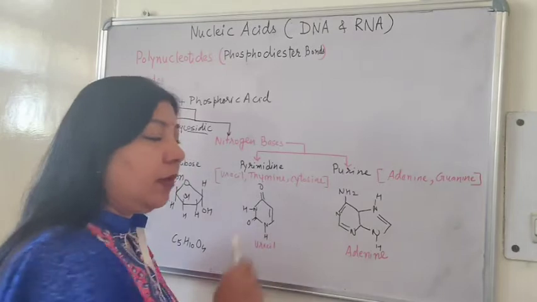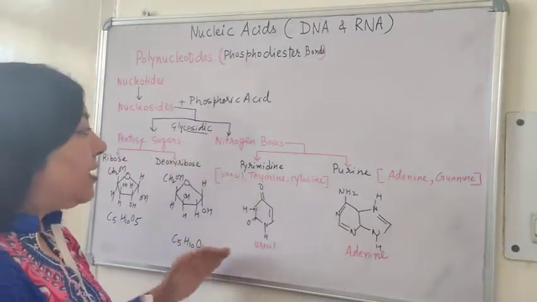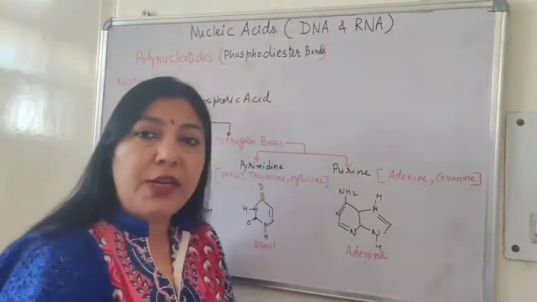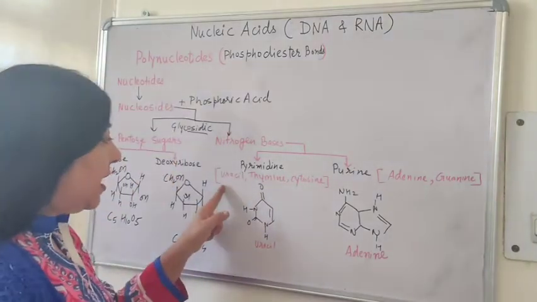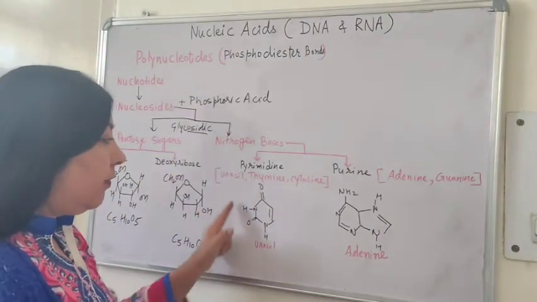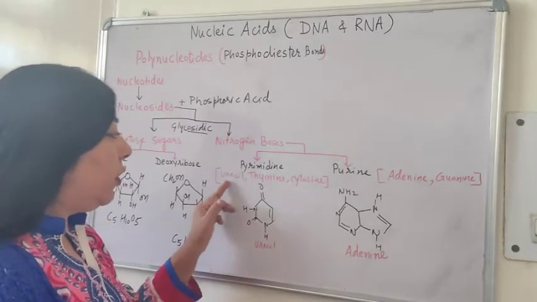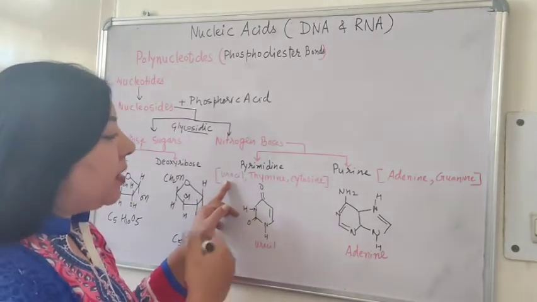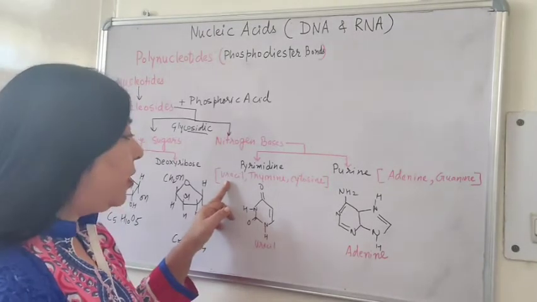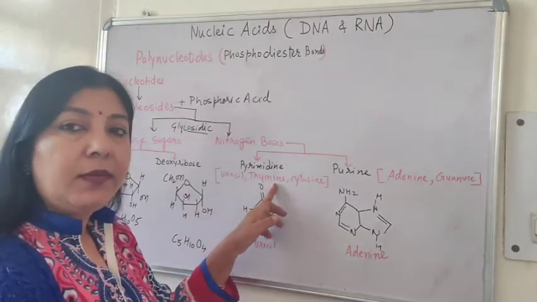Here also you can see. Okay. So the examples of pyrimidine, there are only 3 types of pyrimidine. Uracil. This is the structure of uracil. You must learn this structure. It is given in your book also. Likewise, there is another nitrogen base, thymine.